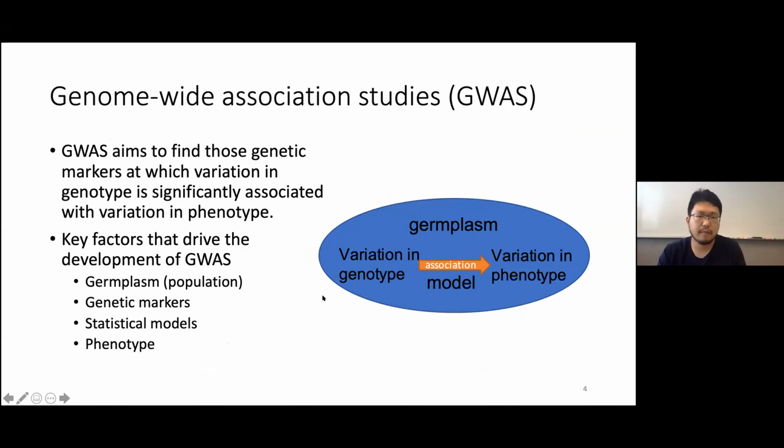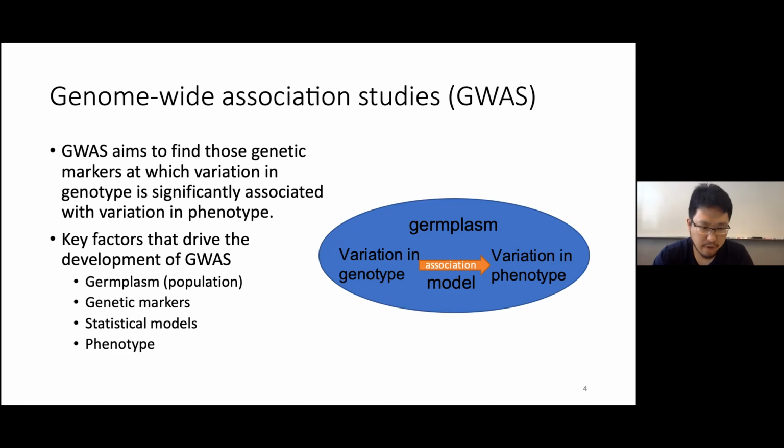The major aim of genome-wide association study is to find the variation of the genetic markers with the variations in phenotypes. There are four main key factors that drive the development of GWAS. These factors are germplasm or population. When we talk about genome-wide association study, we always talk about that in the context of a specific population, mapping population or diversity panel.